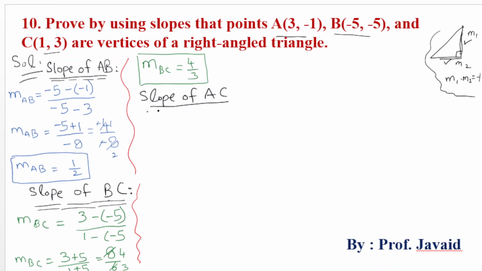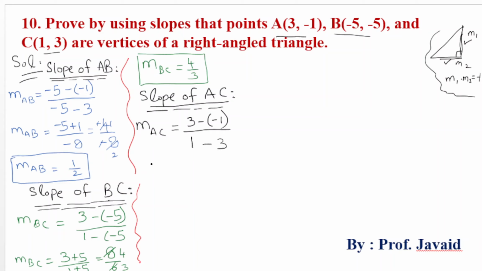Slope of AC equals y2 minus y1, so 3 minus -1, over x2 minus x1, which is 1 minus 3.